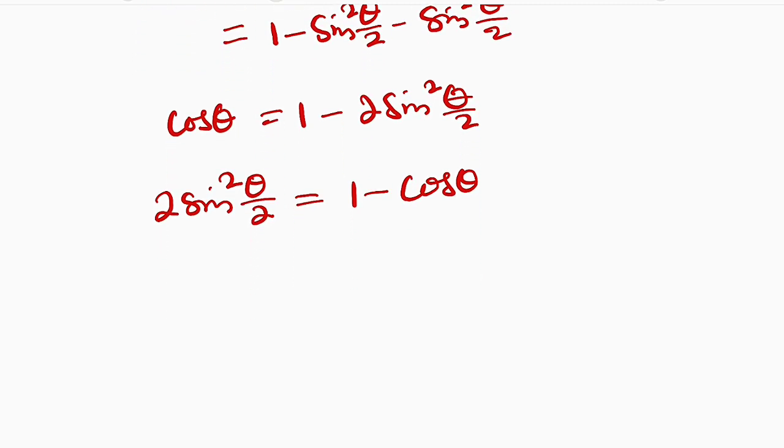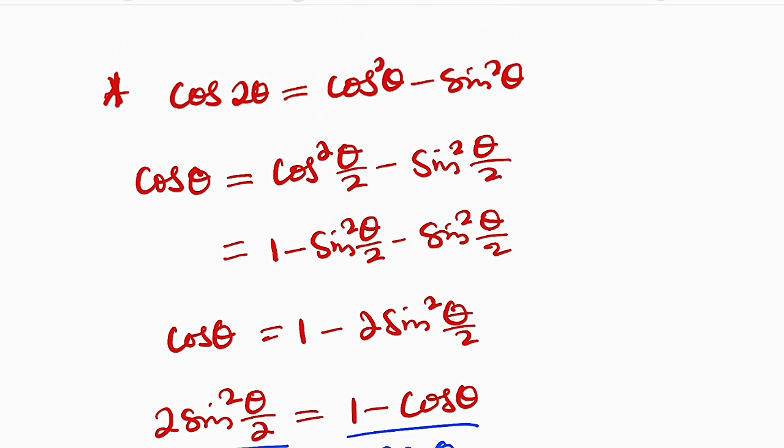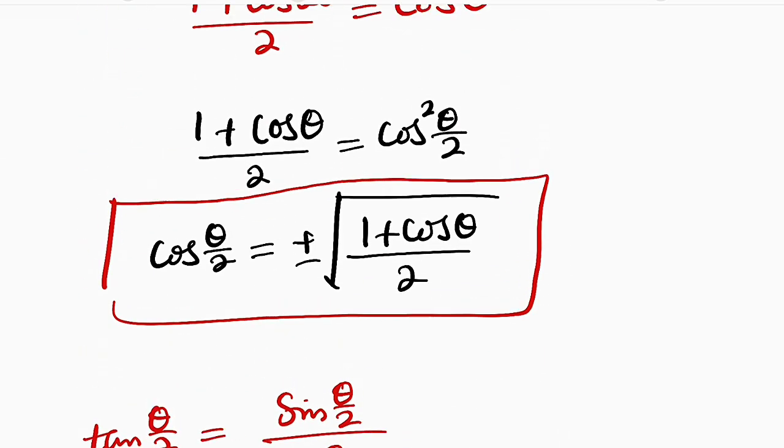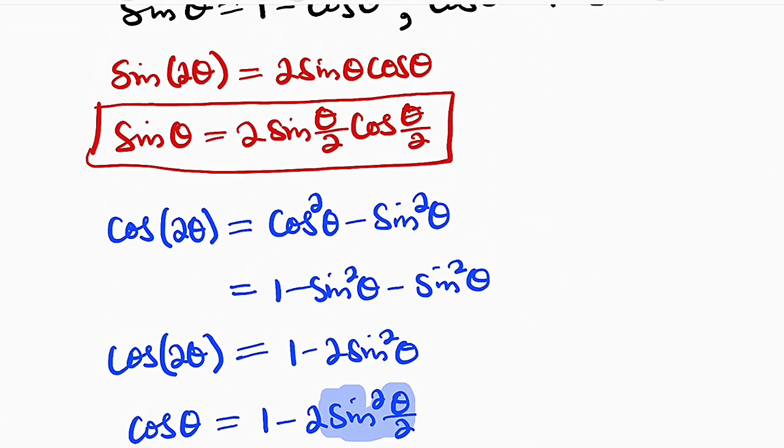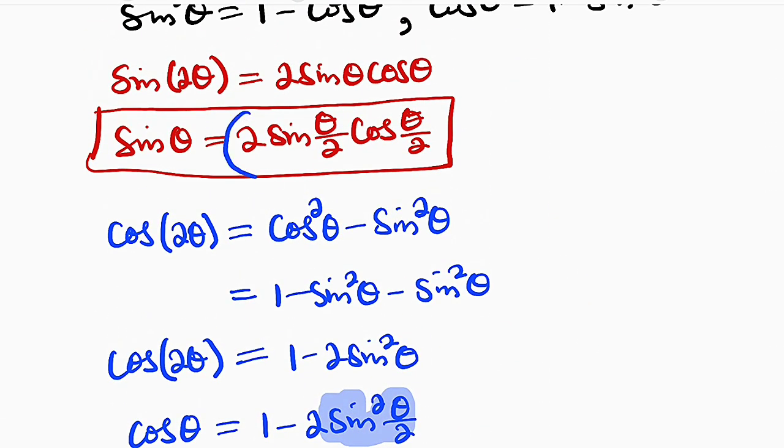So from here, I would like to divide both sides by sine theta. If you divide this by sine theta, you have to also divide this by sine theta. But what can you remember about sine theta? I have written it already here. It is a famous identity as well from double angle. It is the same thing as 2 sine theta divided by 2 cos theta divided by 2.